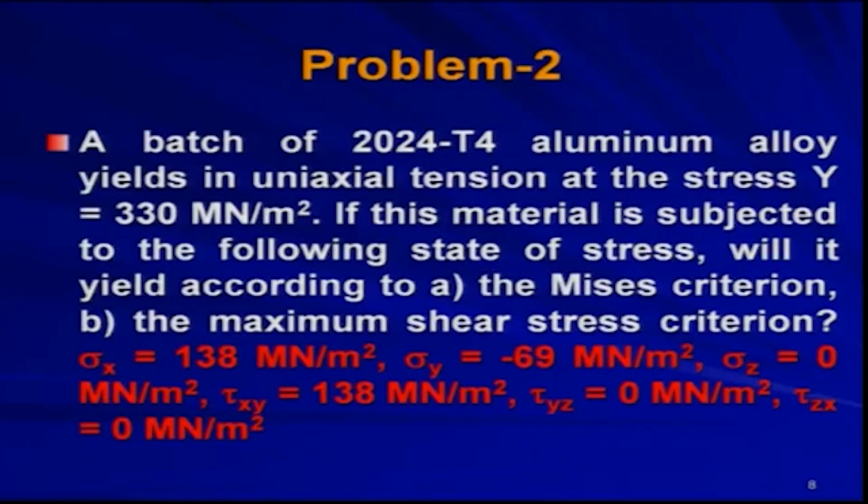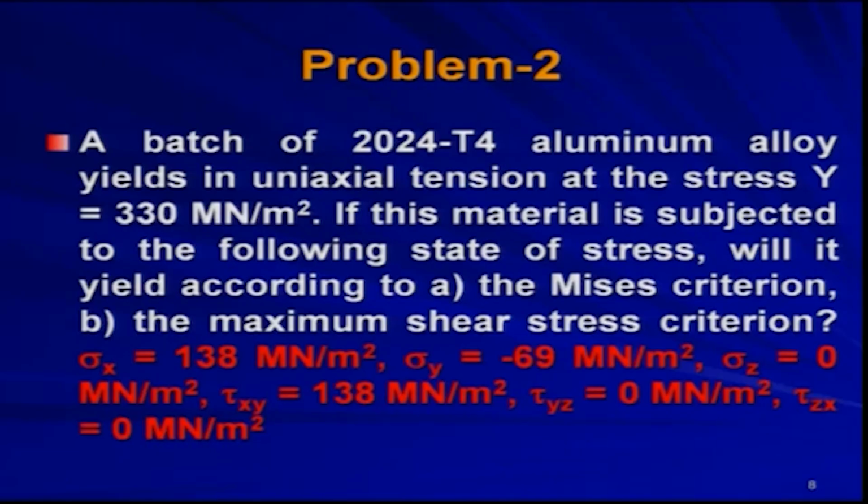This is the second problem in this chapter. The problem says a batch of 2024 T4 aluminum alloy yields in uniaxial tension at the stress sigma y equal to 330 meganewton per meter square, and by this time I hope you still recall what the yield stress is.